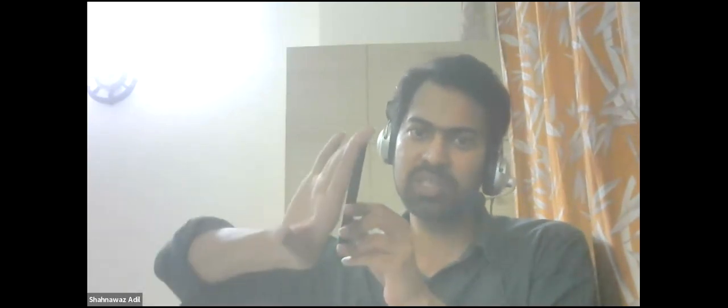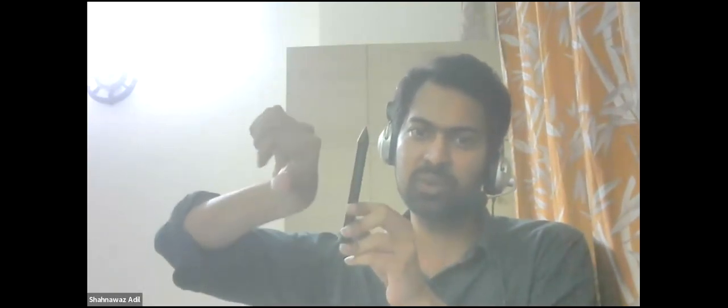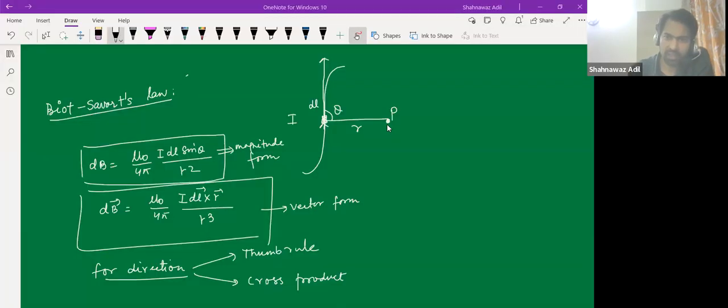So we go in the dl direction, and then we curl our fingers in the r direction. So that is the direction inwards, right? So these were the two methods to calculate the direction. So here the magnetic field would be this cross, right, guys?